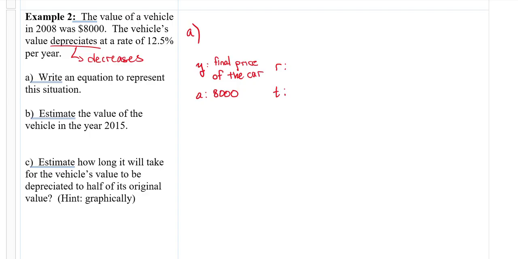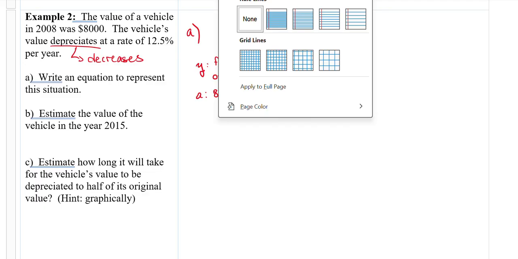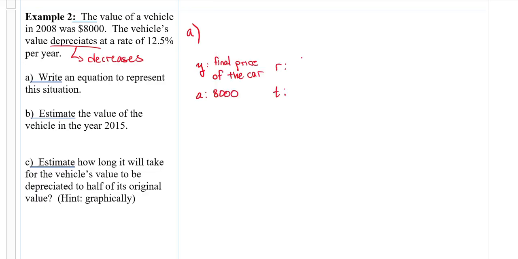R is going to be our rate of growth or decay. Now in this case, our car value is depreciating, so it's going to decrease. So what I have to do is take my percentage, 12.5, and divide it by 100.